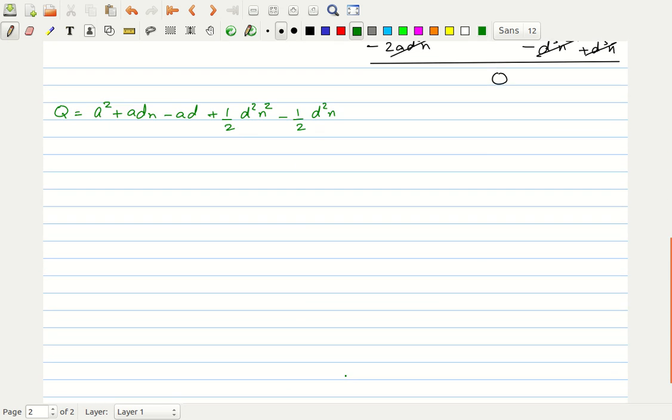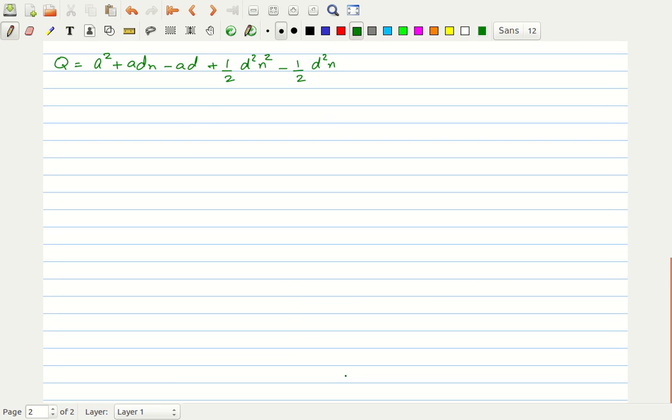Now we only have to show that this quotient is going to be an integer, and it is very easy to show because quotient is actually equal to a square, which is an integer, plus adn, which is also an integer, minus ad, which is also an integer.